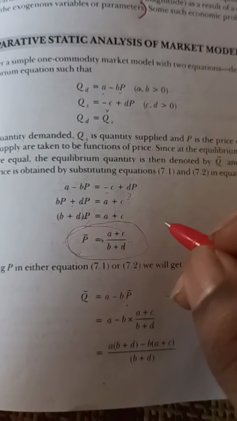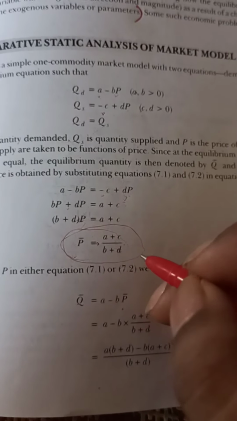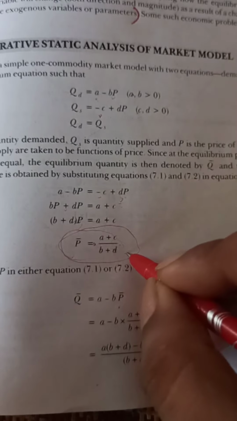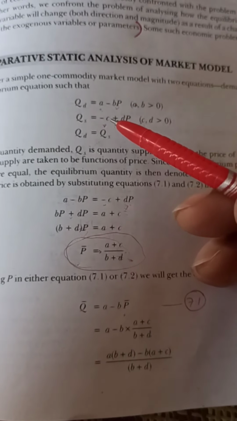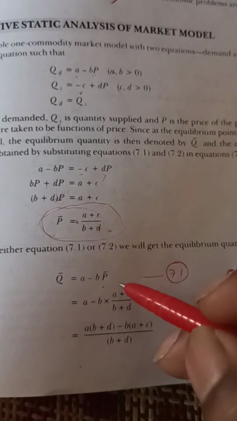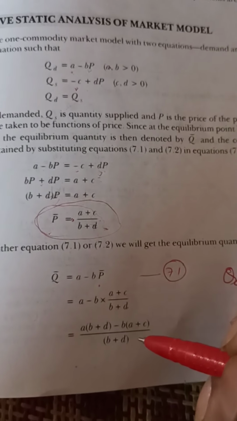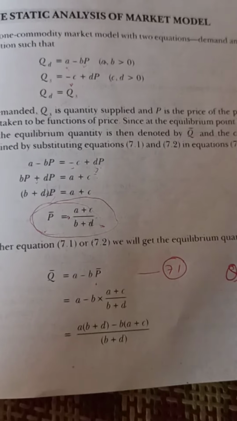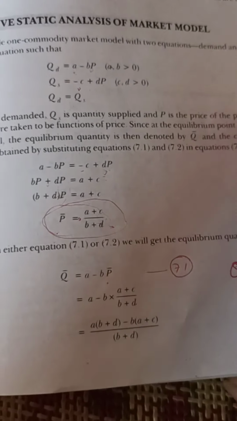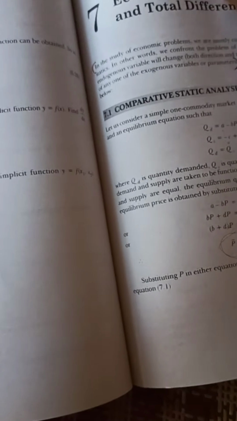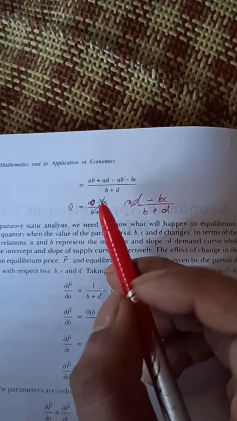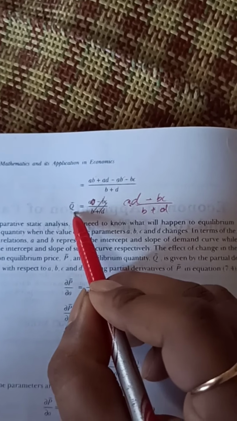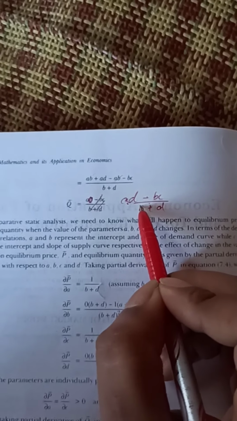Now after finding the value of equilibrium price, we will substitute this value in either the quantity demanded or quantity supplied equation, and that's what we have done. By simple simplification we will be able to derive the equilibrium quantity equation.